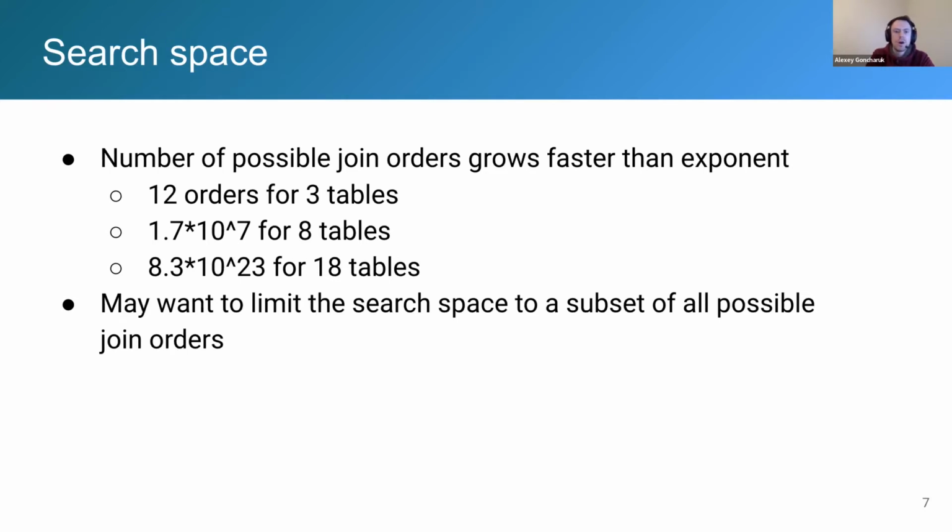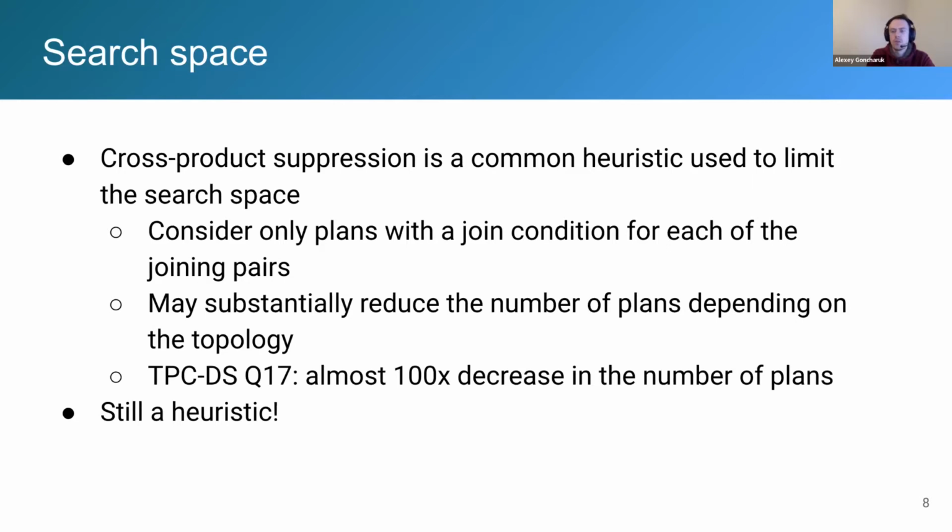In practice, we want somehow to limit the number of possible options that we want to consider. One of such assumptions that allows to limit the search space is cross-product suppression. Essentially, we do not consider plans where a cross product exists. Of course, this is a heuristic, but in practice it is considered a quite good heuristic.